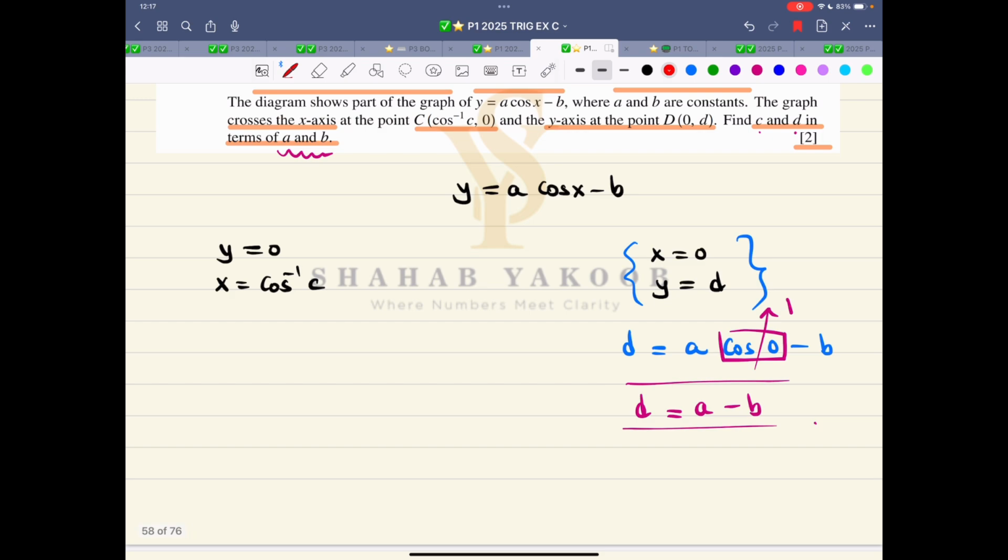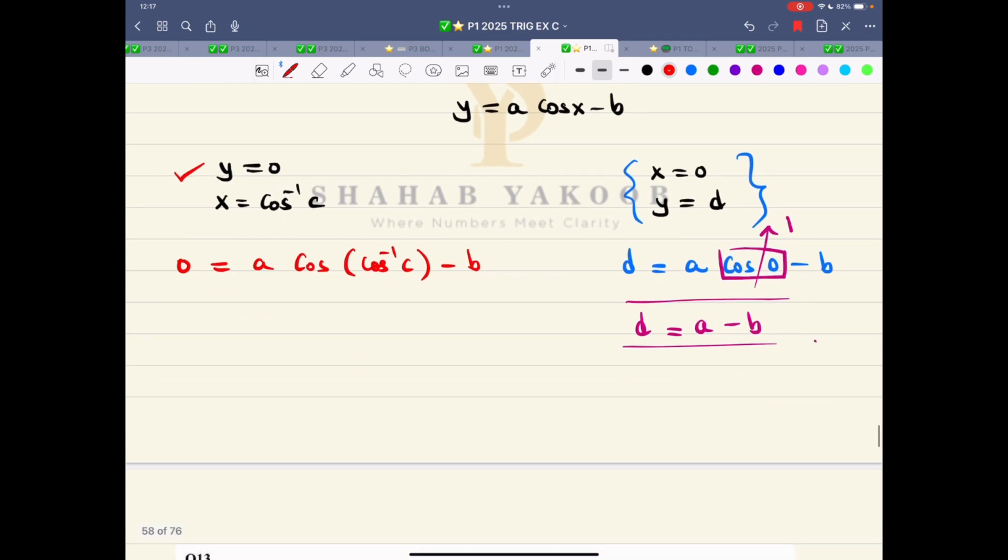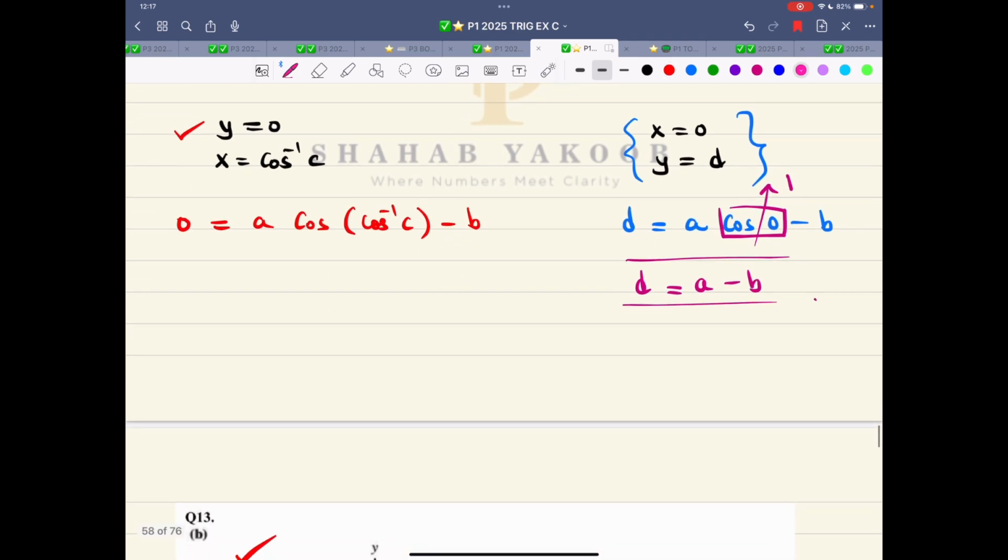Now this particular part, y is equal to 0, x is cos inverse c, so 0 equals a cos inverse c minus b. Now how do we evaluate this particular thing, cos of cos inverse c?